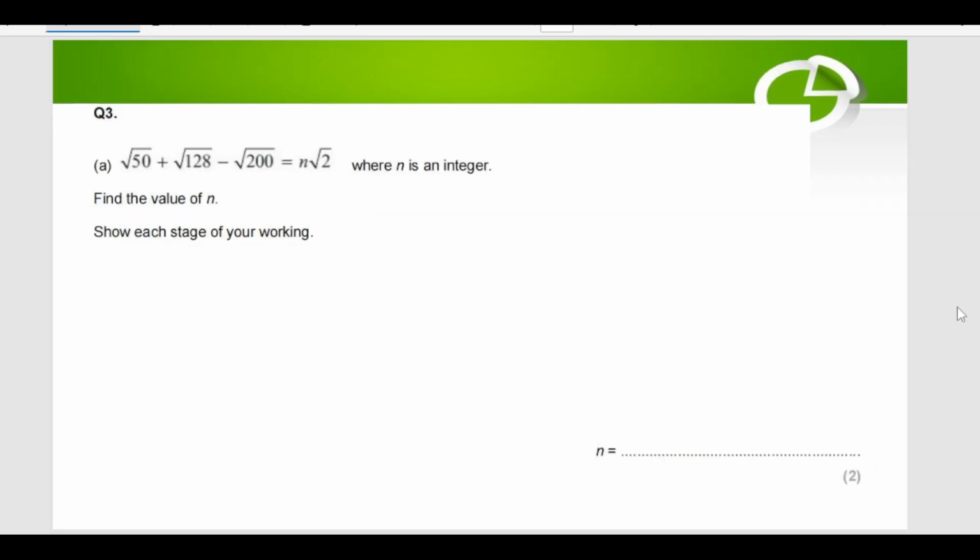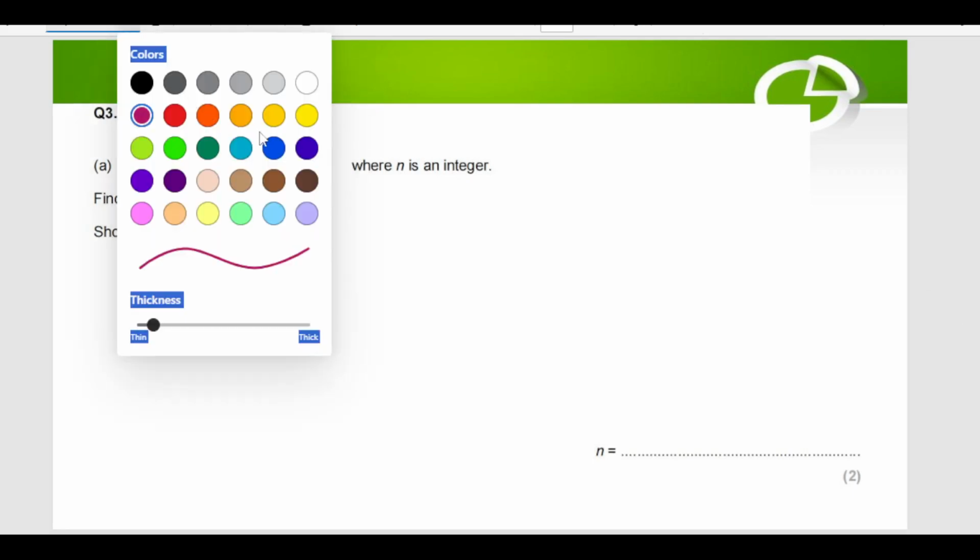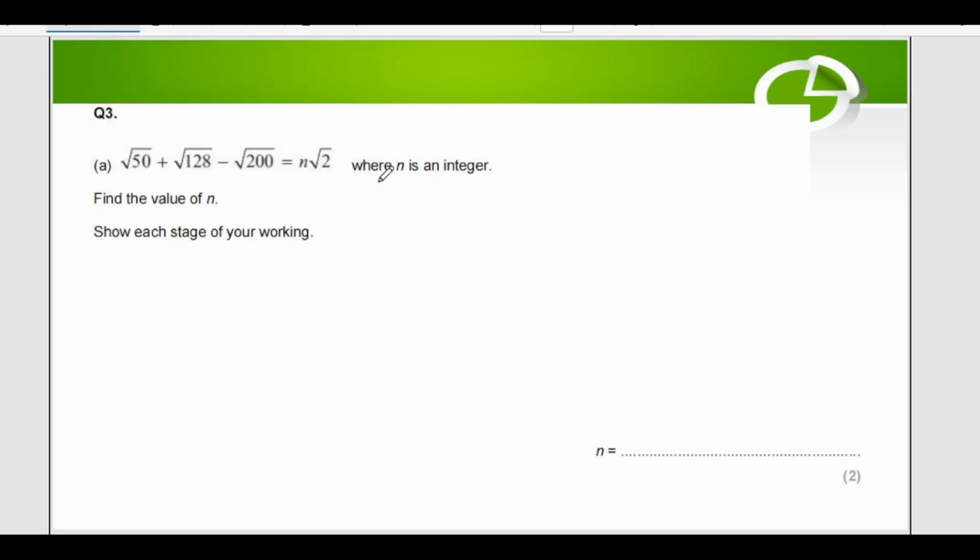We have here different surds with different signs that we can simplify. So we have square root 50, square root 128 minus square root 200.